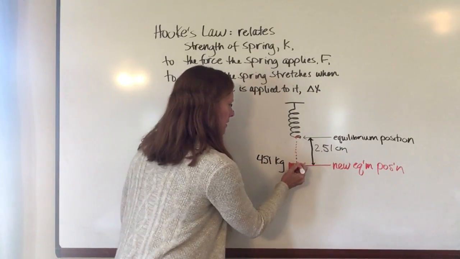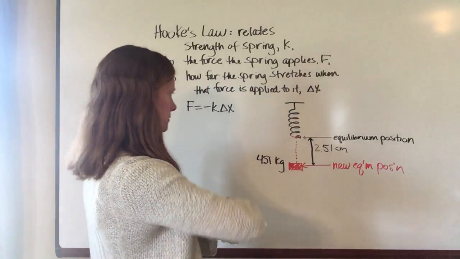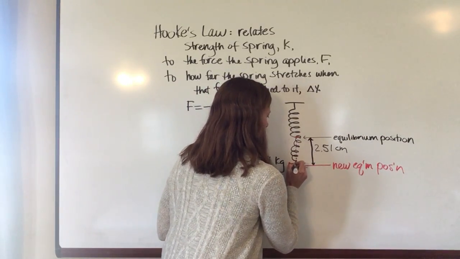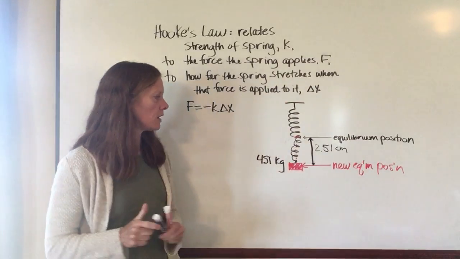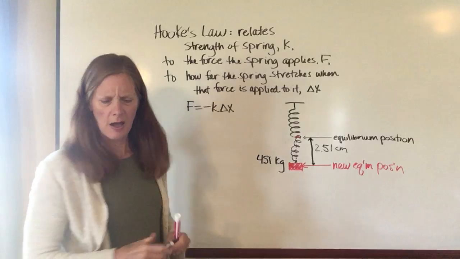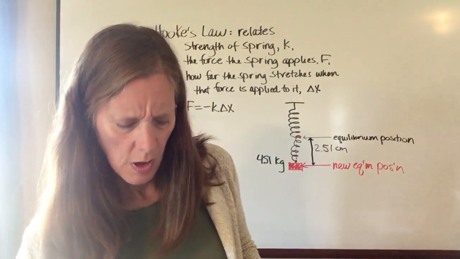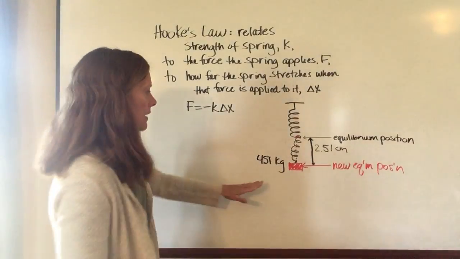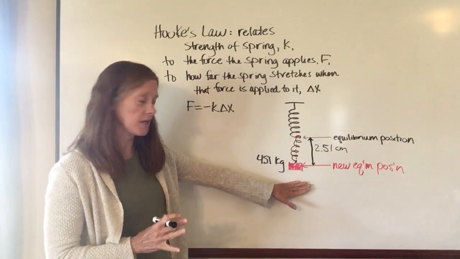Okay, so the mass is now down this far, and our spring is now stretched further. So with the weight on it, it's now hanging right here. If we think about the forces that are acting on this mass, the mass is not moving. It is just sitting in one place.